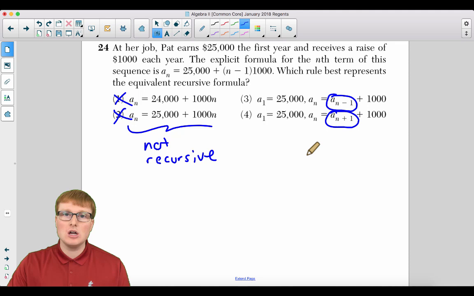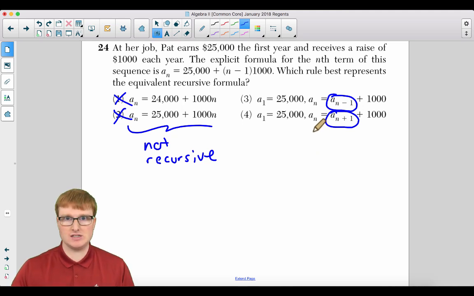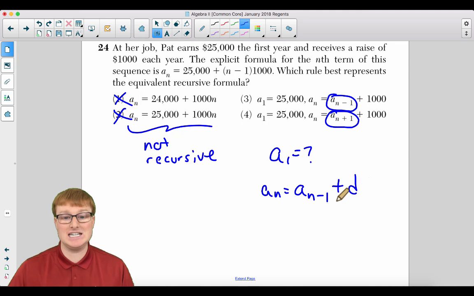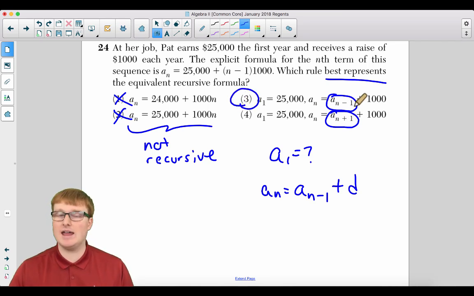If you know your recursive formula for an arithmetic sequence from the Facts You Must Know code for the Regents exam study guide that I have on my website, you're given a sub 1, and a sub n is always a sub n minus 1 plus d. I do not know where they're getting n plus 1 from. So the best one that represents it, your answer is going to be choice 3. It's not n plus 1, it's n minus 1.